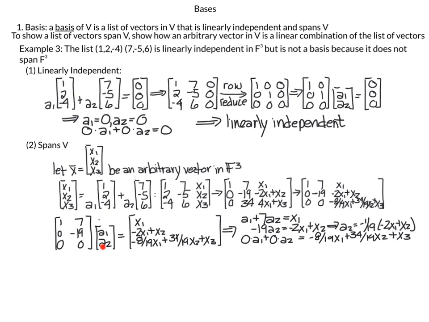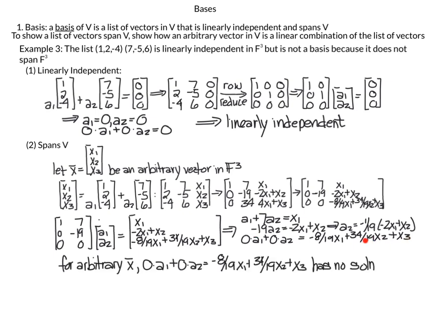That's for my first coordinate. This next row times column, I get 0 times a1 minus 19a2 is equal to minus 2x1 plus x2, which means a2 is equal to minus 1 over 19 times minus 2x1 plus x2. And then finally I have 0 times a1 and 0 times a2 is equal to this third coordinate, minus 8 over 19 x1 plus 34 over 19 x2 plus x3.